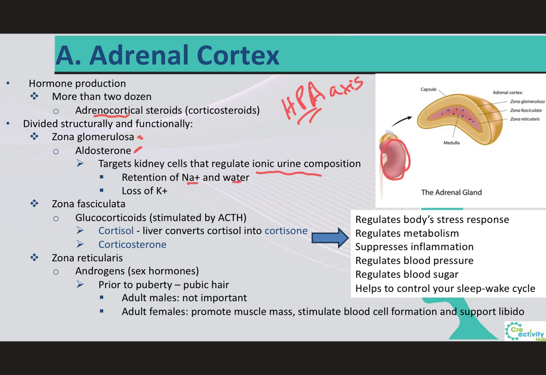In exchange, it will get rid of potassium ions. And by doing this, it prevents or reduces the loss of fluid in urine. And it also reduces the water and sodium ion losses from, for example, sweat glands and salivary glands. And in addition, it will prevent the loss of these ions and waters in the digestive tract as well.